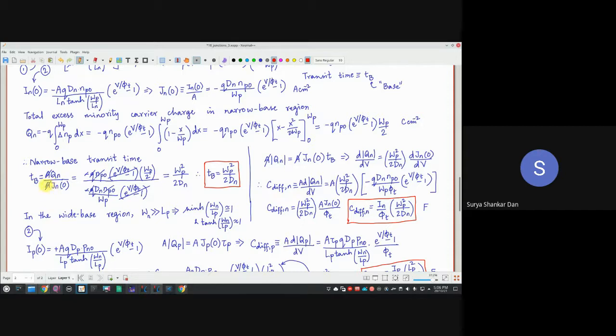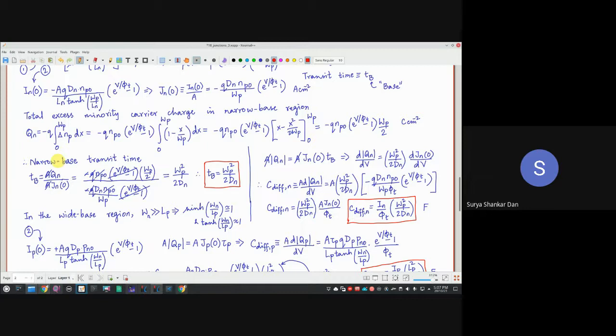Total current means area multiplied by the current density that we found here, right? So if you have Qn amount of charge here in the base region, how much current is going out? The current that flows flushes out that much charge from this base region. That is what we are doing.